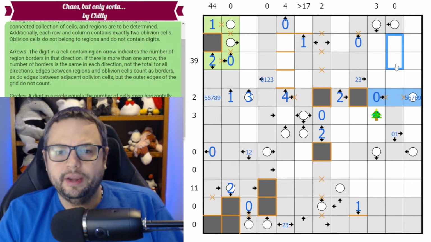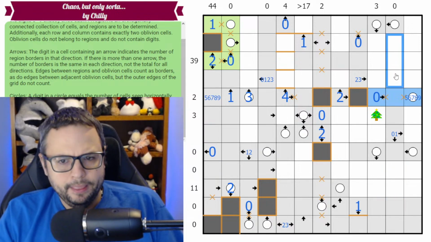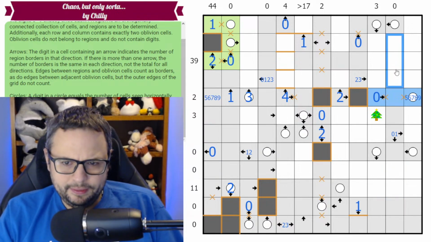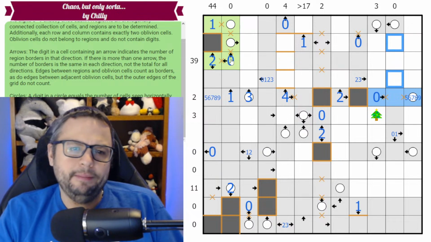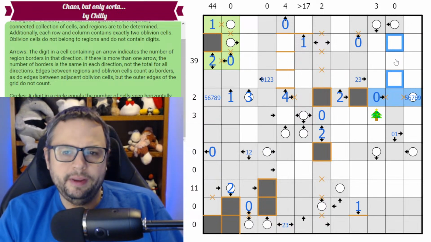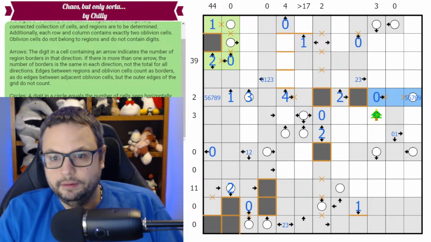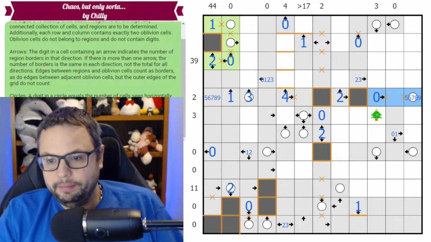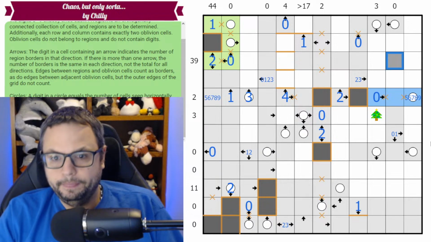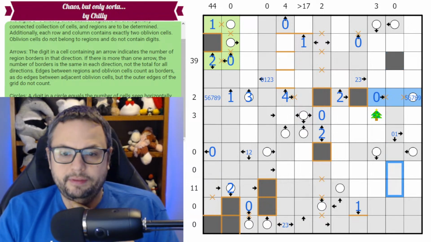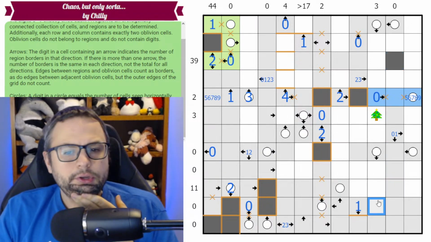So the 2 Oblivion cells for the column are up here. And they can't be spread like that because this middle cell can't be a 0 because of Sudoku. So this is always an Oblivion cell. Sorry, Oblivion cells are black. Oops, Oblivion cells are black. And these aren't Oblivion cells because of that.